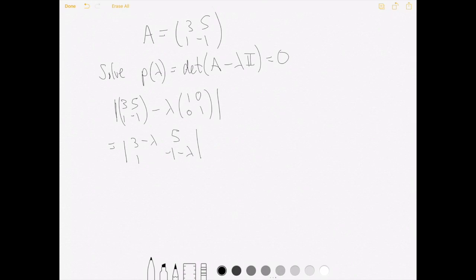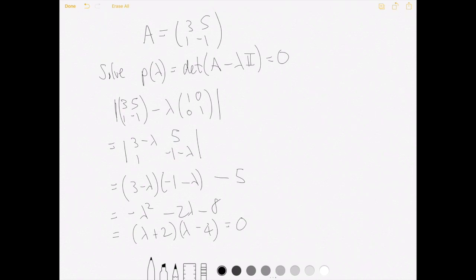And that determinant is 3 minus lambda times minus 1 minus lambda, minus 1 times 5, right, which is just 5. And so if we do a bit of expanding that out and simplifying, it's easy to check that we end up with this equation here, and factorizing that gives us lambda plus 2 times lambda minus 4.